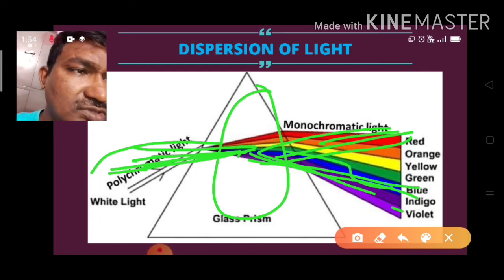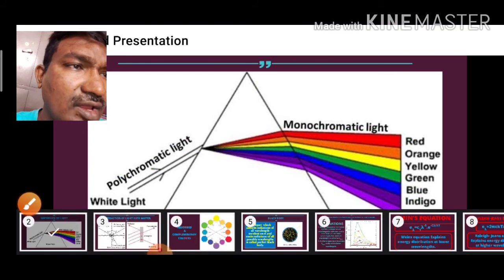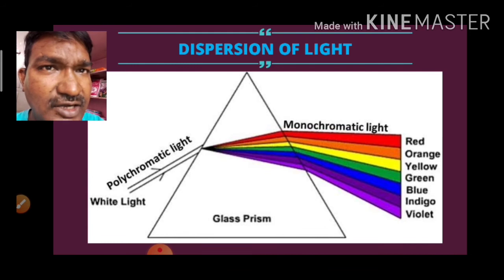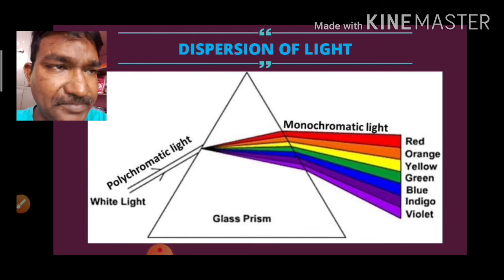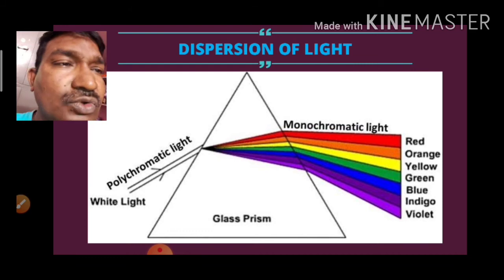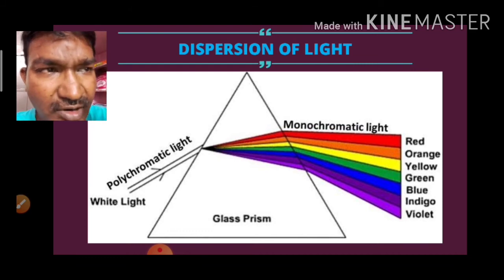Here we can see those different colors. So they are arranged according to their wavelength or frequency, or energy. Either way we can call them. They will be arranged in a particular order.